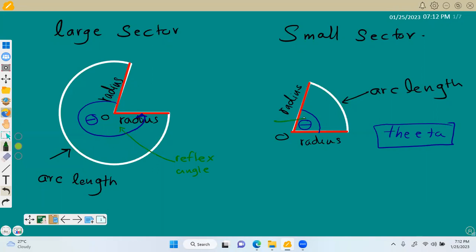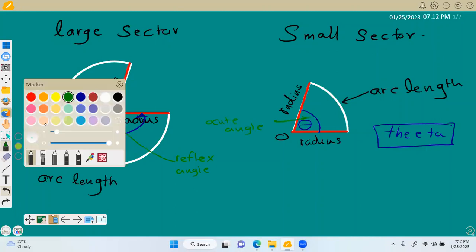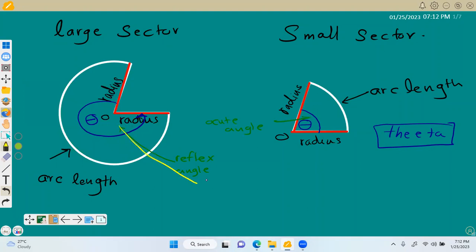And this is what? It is an acute angle. But both these angles are known as what? Generally, when it comes to a sector, it is called the angle at the center.